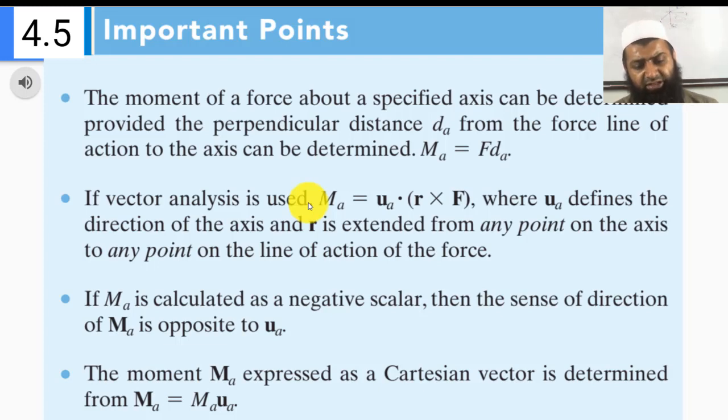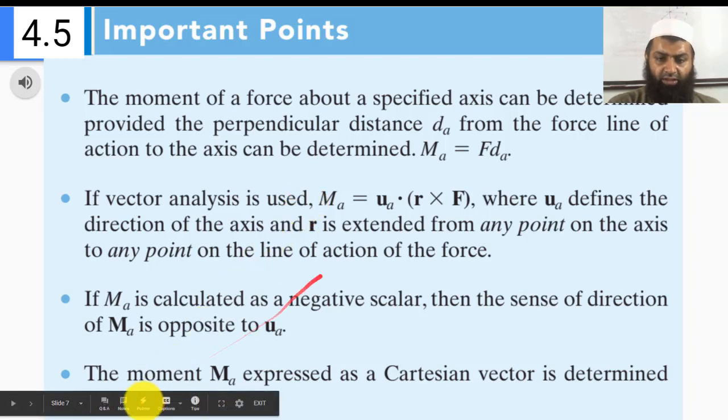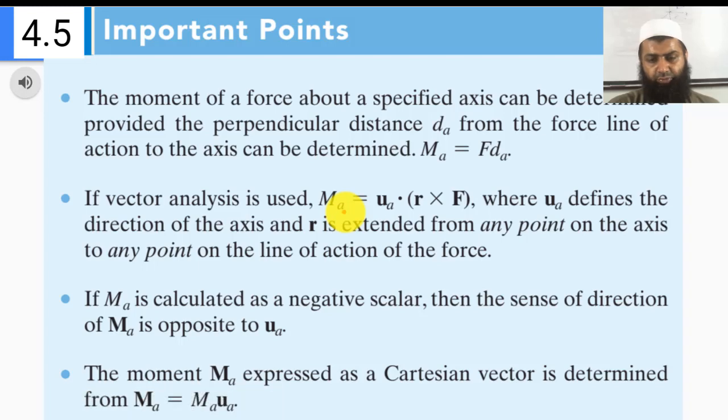The second method that we studied was the moment of a force about an axis using vector formulation, and that is where we looked at this formula. The moment of a force about an axis A is just the unit vector of that axis dotted with the position vector cross F. And mind you, this position vector can be taken about any point which lies on this axis.